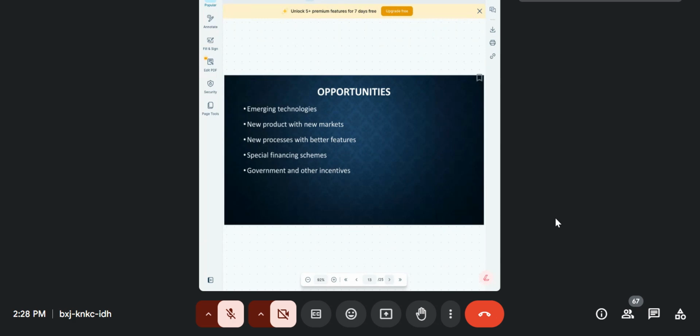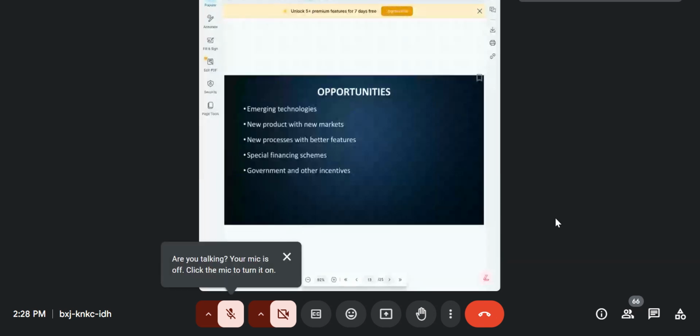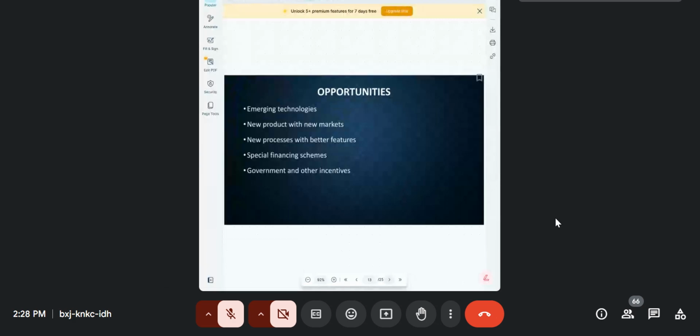These are more like loans that you could get from banks or a financial institution to enable you to do the project, because it's not always that money is available. Sometimes you need to borrow some money to achieve the goal that needs to be achieved. Then, of course, there's government and other incentives.